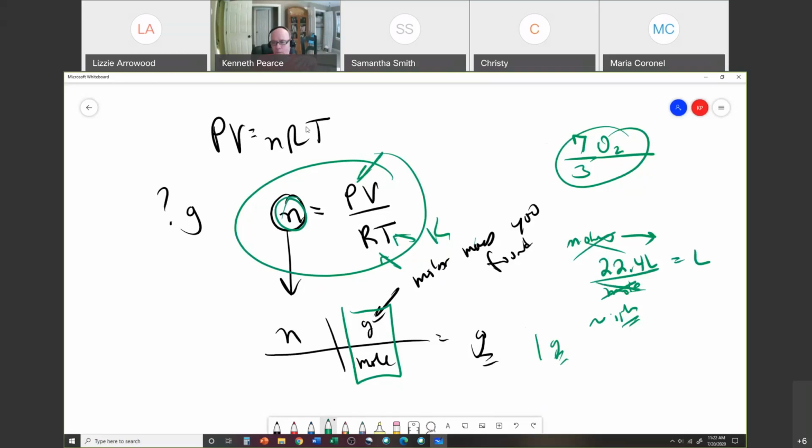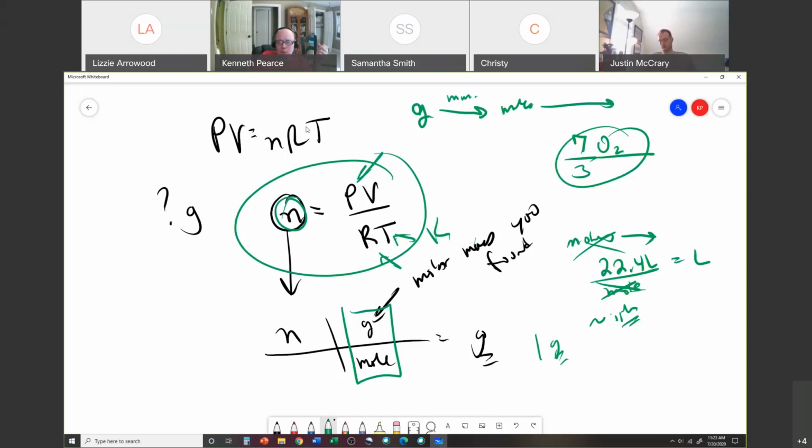Okay, and so I would just do the 22.4 and then I would do the mole to mole ratio. Yeah, you got to start with the grams. Anytime you have grams, you're going to end up with moles, right? Because you always have to have the molar mass. You will use your molar mass to get your moles.